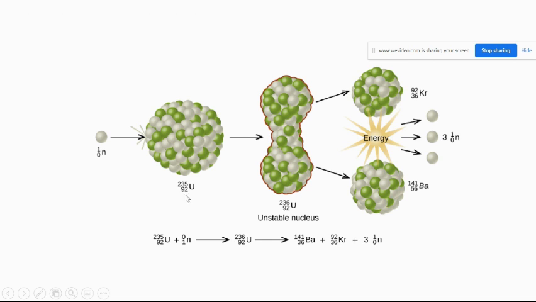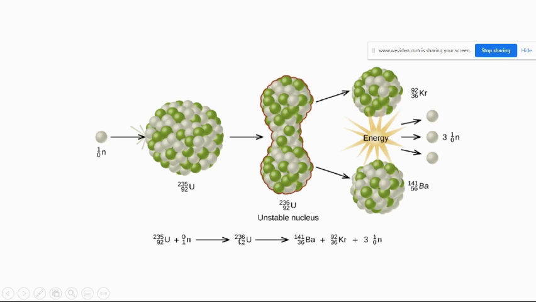So for example, if we had uranium-235, we could hit that with a neutron. It's going to split apart here, and it's going to give off some energy in the process. And we talked about these nuclear equations where we go through, we hit it with a neutron. It's going to create this.